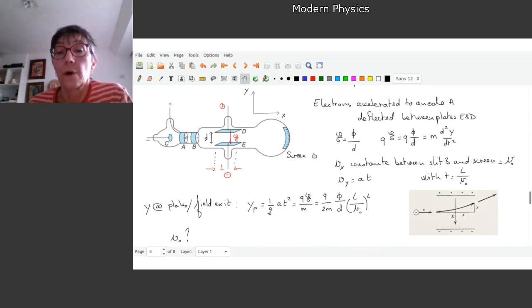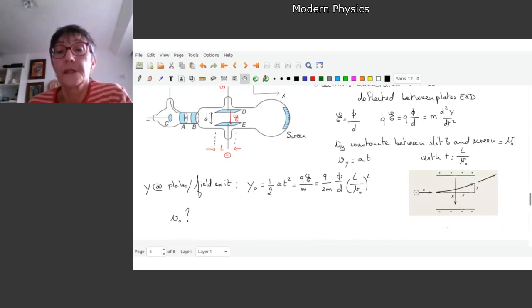The velocity is constant on the horizontal axis because you have no force applied, so the velocity here will be the same as the velocity at the entry, before entering the field between the plates.